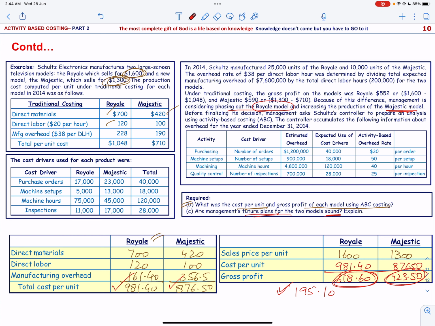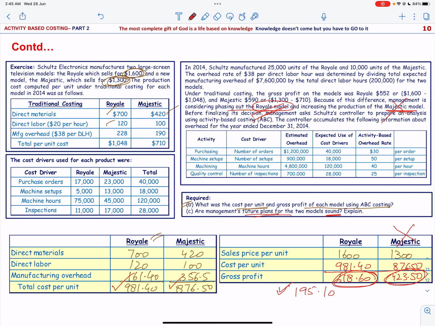So if at all they plan to phase out a model, it should not be Royal, they should be phasing out the Majestic if we look into these figures. But then this is how activity based costing helps us in making a decision. So rather than phasing out the Royal model, we should phase out the Majestic model if we go with these numbers.